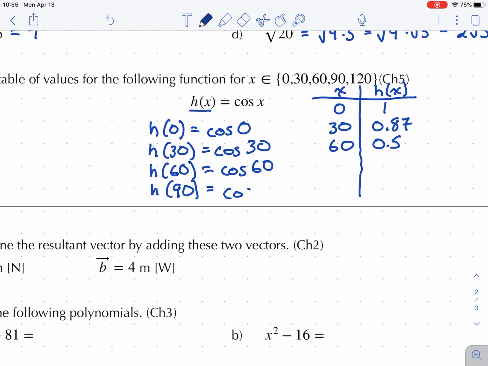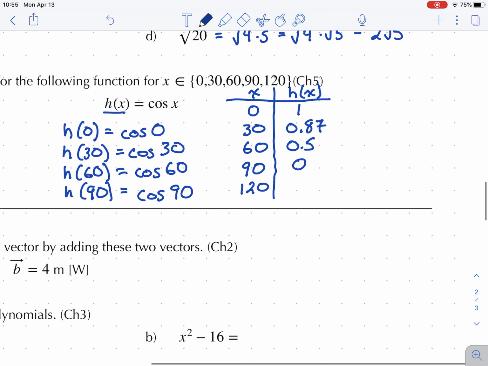It's equal to cosine of 90. 90 cosine is 0. Now I'll do 120. So our function evaluated at 120 is equal to the cosine of 120. And I get negative 0.5.